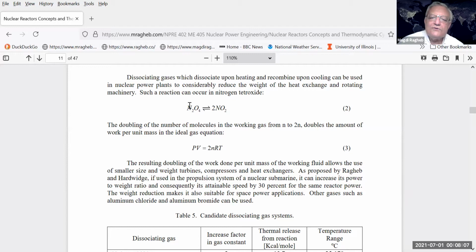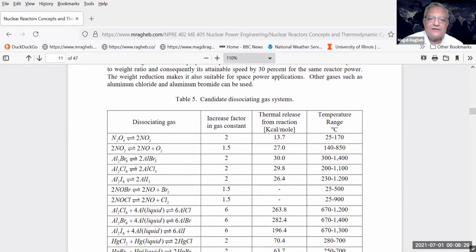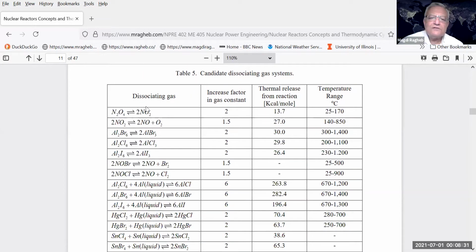But once you turn one molecule into two molecules, that n in the ideal gas equation becomes twice n. So in that case, you are doubling the work done by the working fluid in the cycle that you are using. And there are different gases that can be used in that case. So one that I mentioned, nitrogen tetroxide, has an increased factor in the gas constant of 2, with a temperature range that is meaningful, really, from 25 to 170 degrees Celsius.